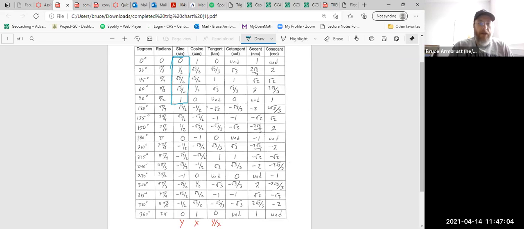The first one is the square root of 0 divided by 2. Square root of 0 is 0, divided by 2 is 0. The next one is the square root of 1 divided by 2. Square root of 1 is 1. Then we get square root of 2 divided by 2, square root of 3 divided by 2, and then lastly, you get the square root of 4, oh, no, 9. Let me change that. That looks a little bit like a 9.